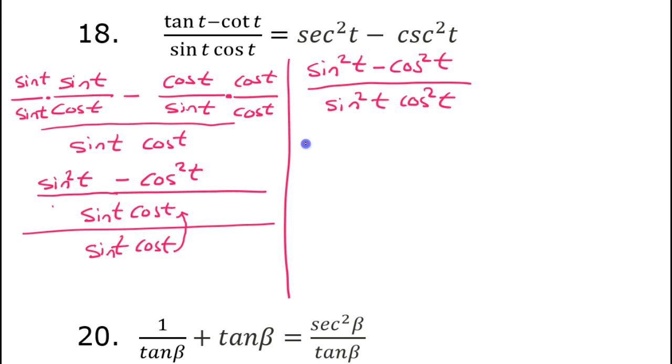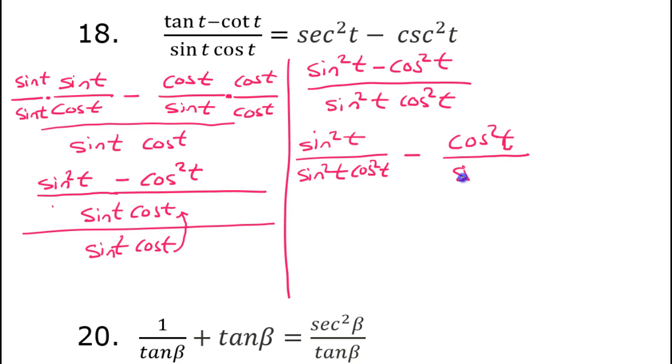So if I split this up, it's going to be sine squared t over sine squared t cosine squared t minus, now I'm putting the denominator under the second term, so minus cosine squared t over sine squared t cosine squared t.